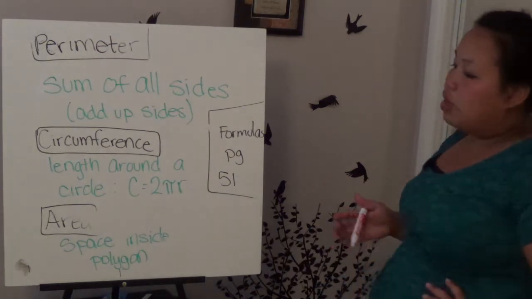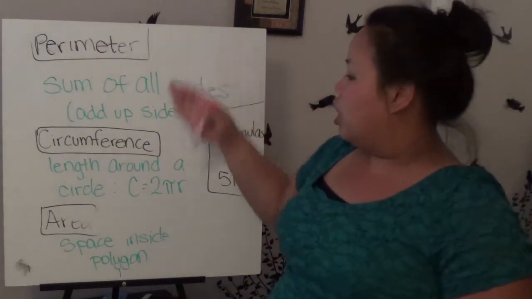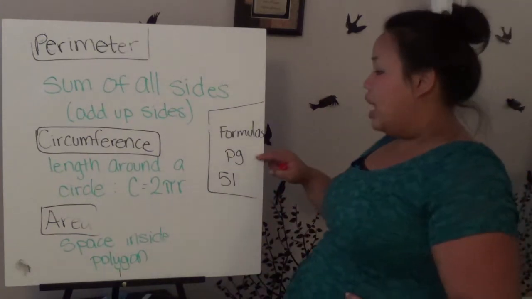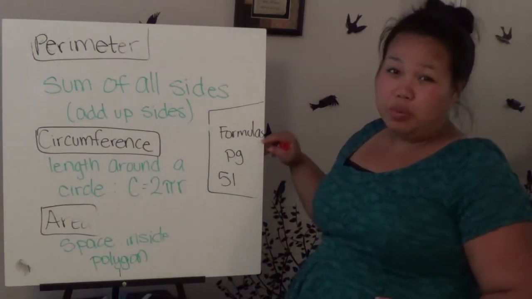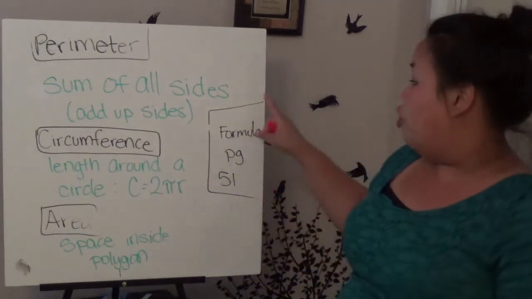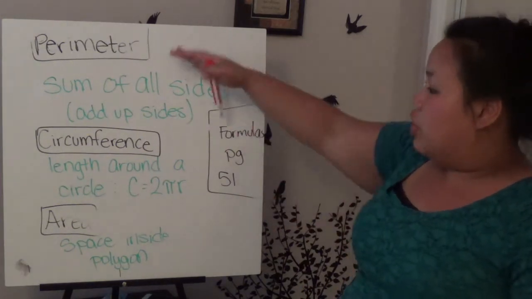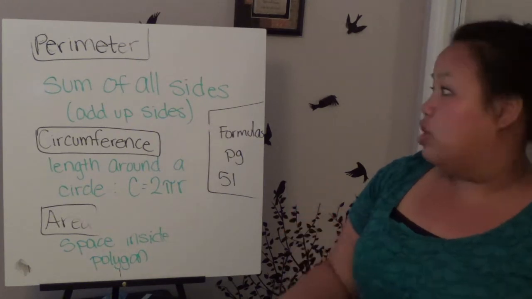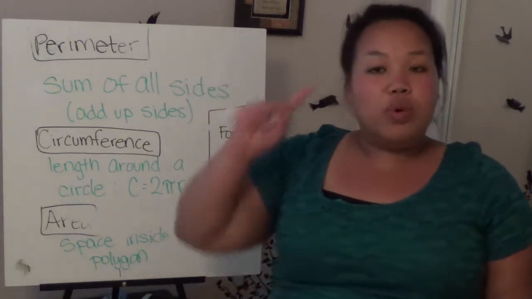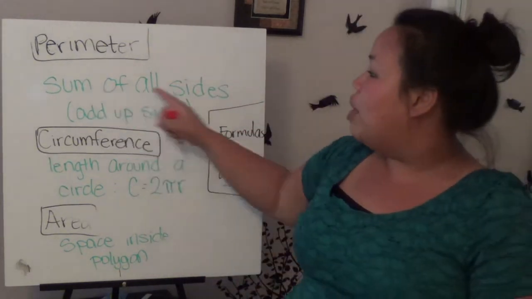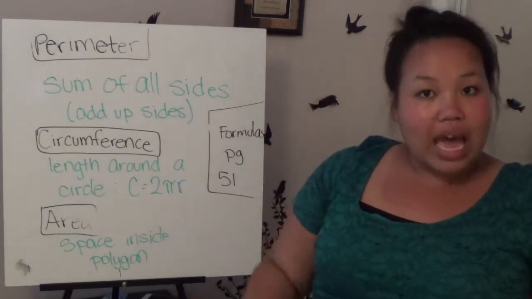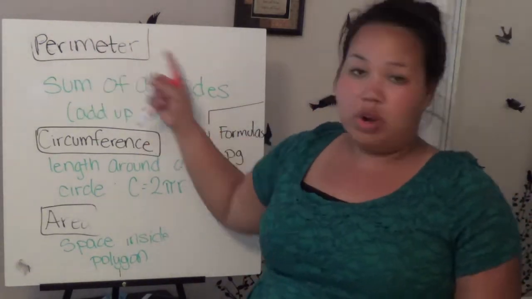Okay, here we're going to be dealing with certain formulas. If you look on page 51, that's an important one, and you'll be able to put that on your flipper. There's certain terminologies that you need to make sure you understand. The first one is perimeter. When you hear the term perimeter, that's the sum of all sides. So basically, if you find each side, you just add them all up, and that gives you the perimeter.